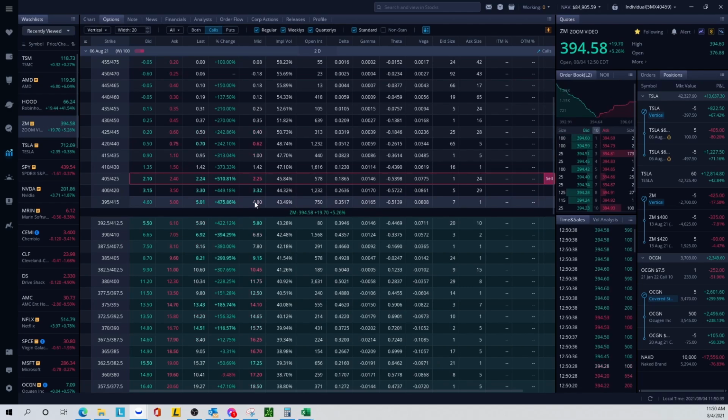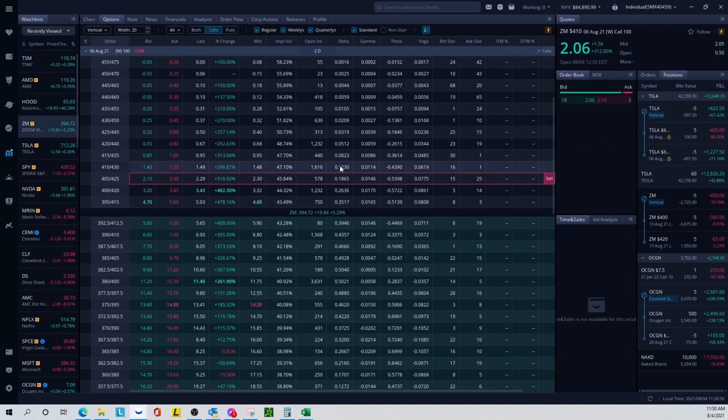So I just like to give myself room and be a bit farther away from the current stock price so that I have a higher probability of winning the trade, even if it means collecting less premium than I probably could if I took on more risk by choosing the closer strike.